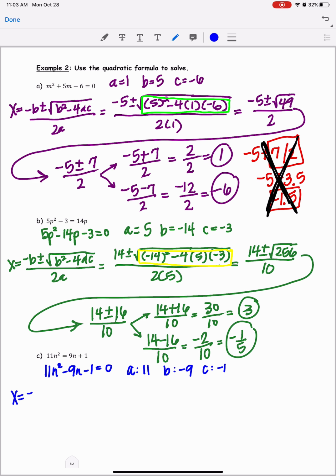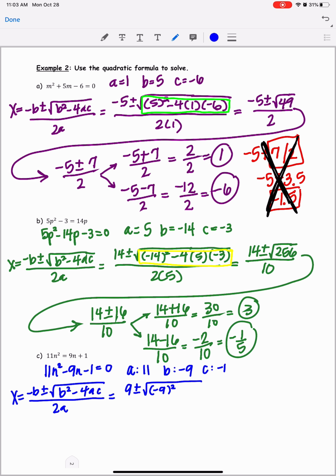We've got x equals negative b plus or minus the square root of b squared minus 4ac all over 2a. So substitute in your information. Negative b, well my b is already negative, so it's going to turn positive. Plus or minus the square root, you have to have parentheses.